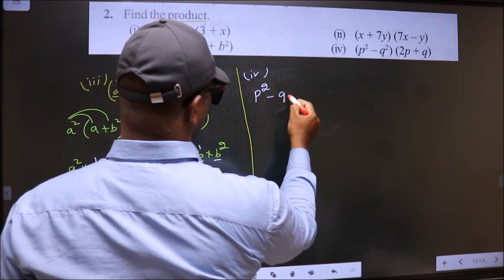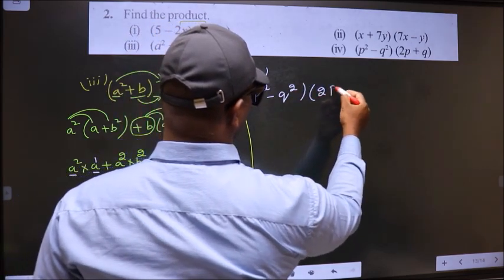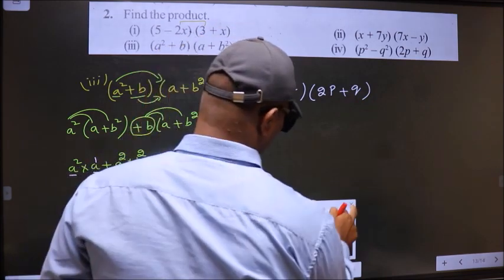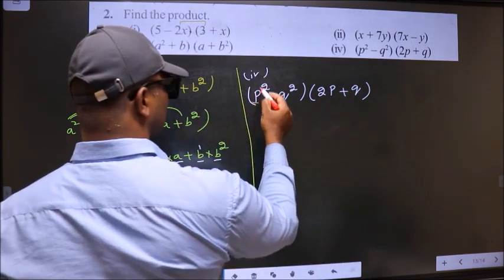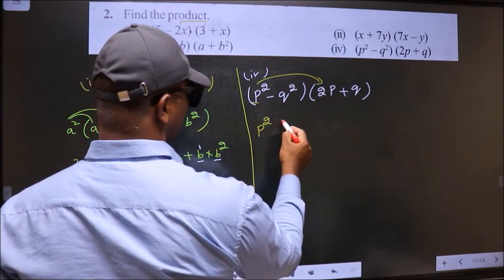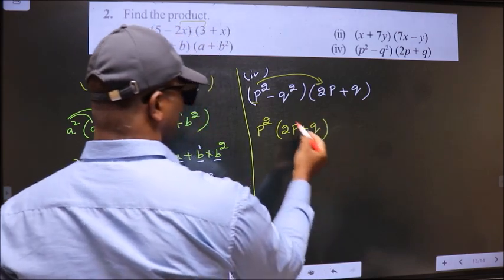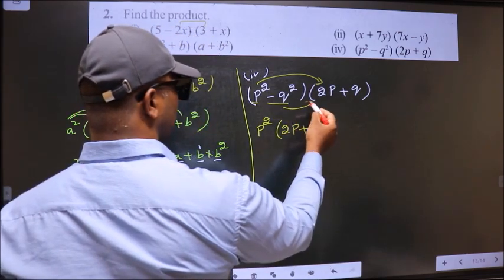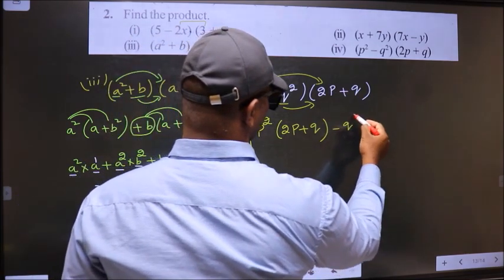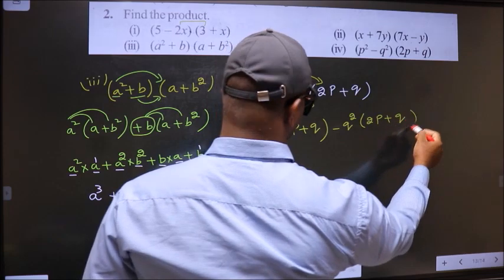Next, fourth bit. (p² − q²)(2p + q). First, with p square we should multiply this bracket, that is p square into (2p + q). Now with minus q square we should multiply this bracket, that is minus q square into (2p + q).